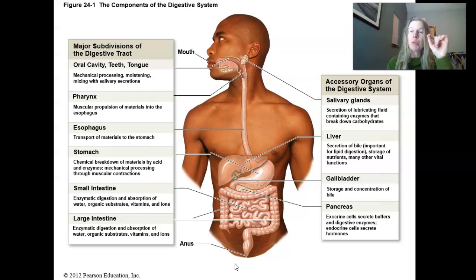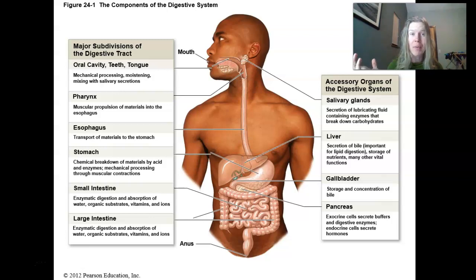So there is a tube from your mouth to your anus, and this is kind of strange. It's open to the outside world on both ends. And so in a way, it's not really inside of you. It's just this in-pocketing.